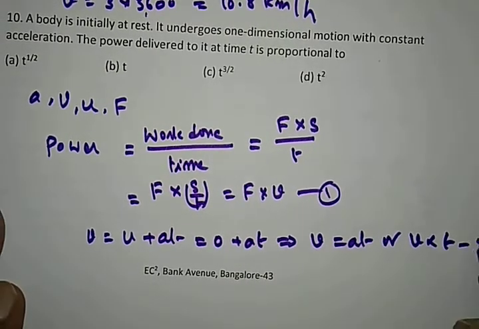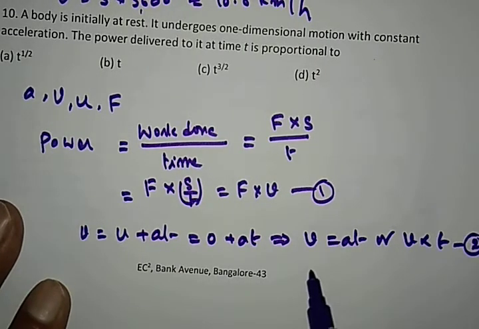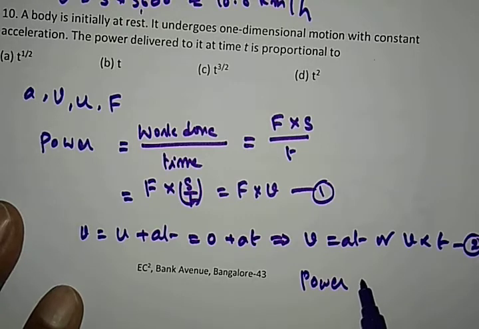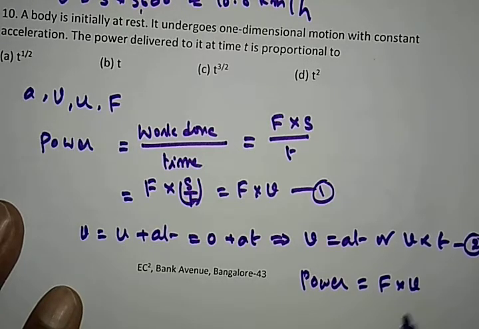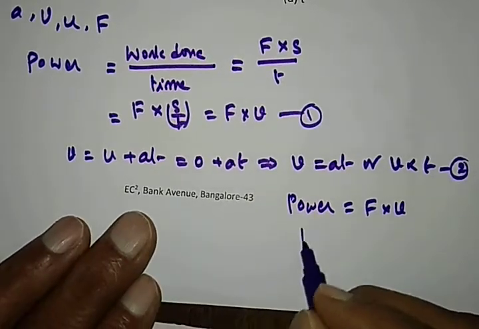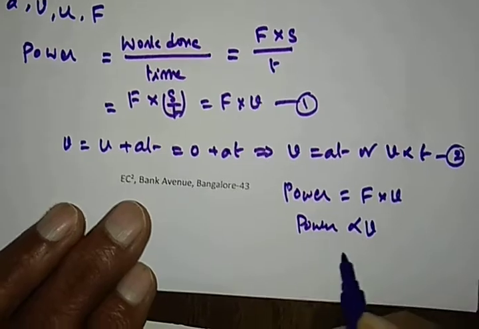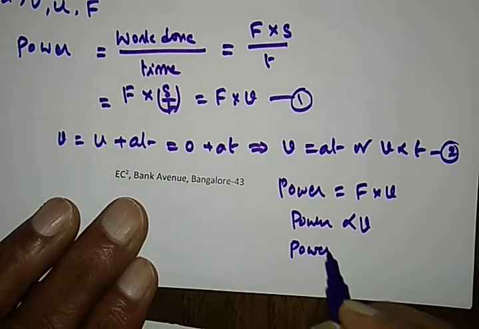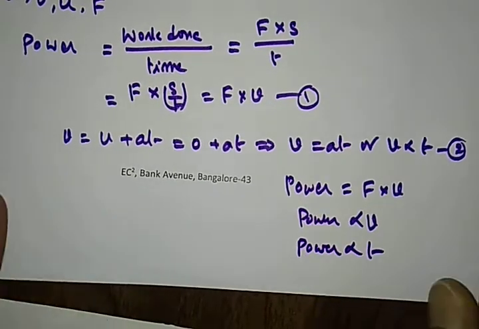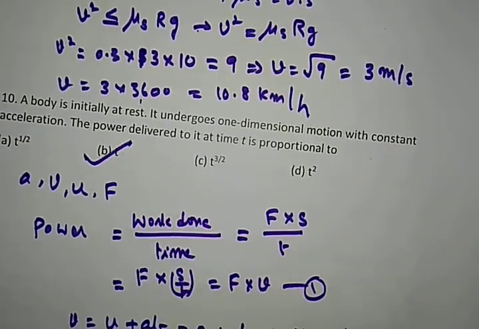So this is the second equation. If you go to the first one again, power is equal to F into v. F is fixed, since acceleration is fixed. So power is proportional to v. It is nothing but power is proportional to t. Okay, so the correct answer is B.